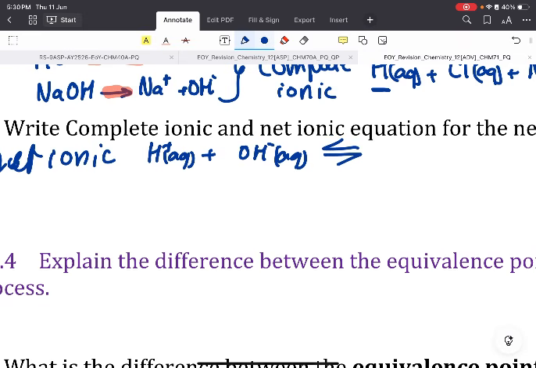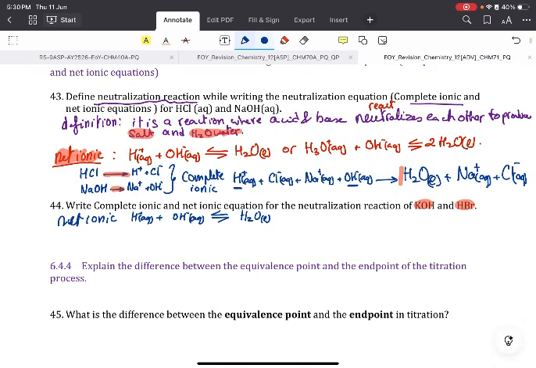And it's gonna give me H2O liquid. Be careful not to forget the physical states. You will be penalized with marks if you do not put the physical states.